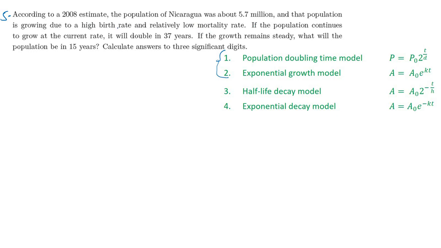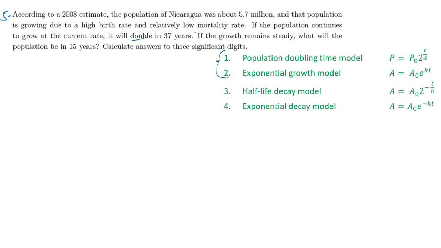Anyway, when you study first time, you want to understand what exactly all these things are. In exam, you understand directly what all the things given are. If the population continues to grow at the current rate, means the same speed, it will double in 37 years.